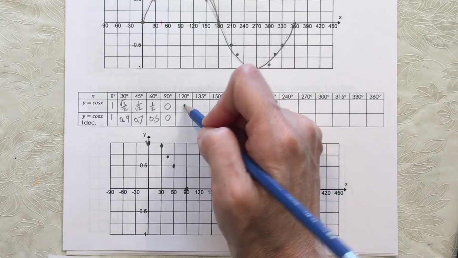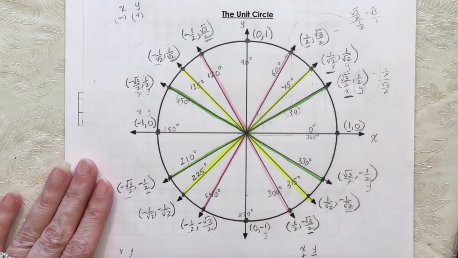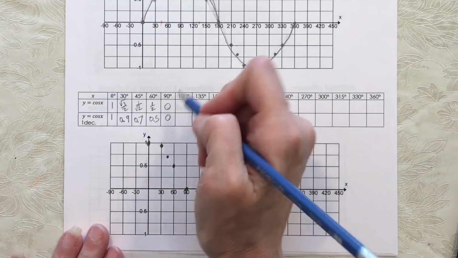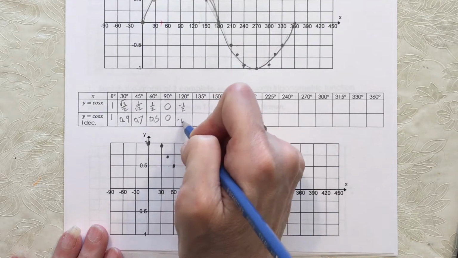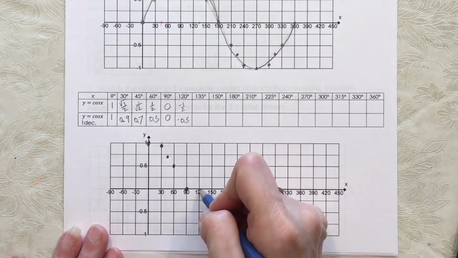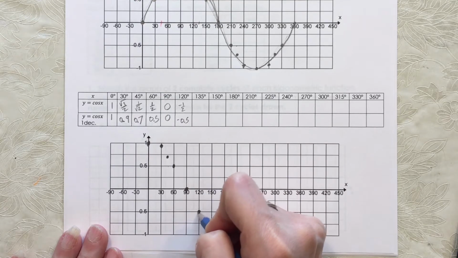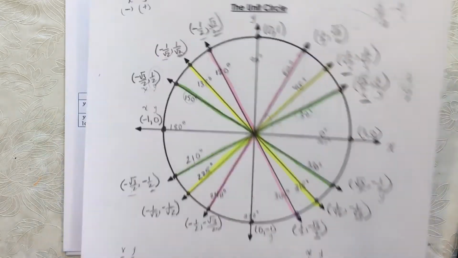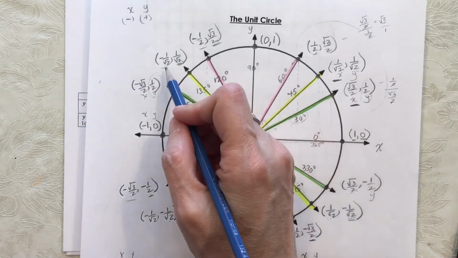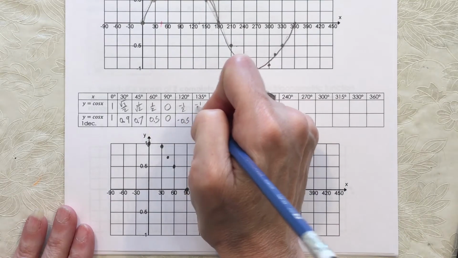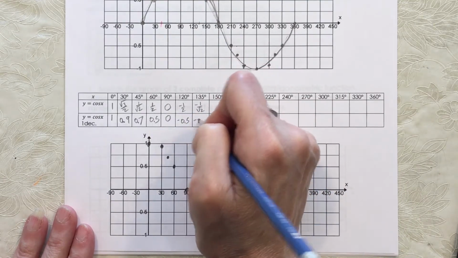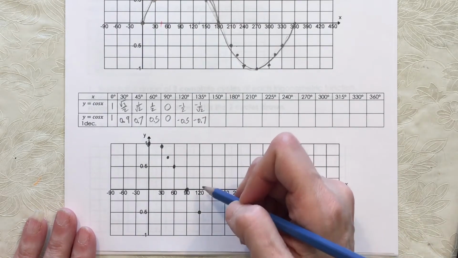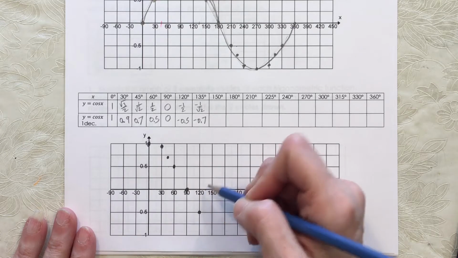Cosine of 120 degrees. So 120 degrees, x value is negative a half. So 120 and negative a half. And then 135, the x value is negative 1 over root 2, which is negative 0.7. So 135 is going to be 15 more than 120, so halfway here.